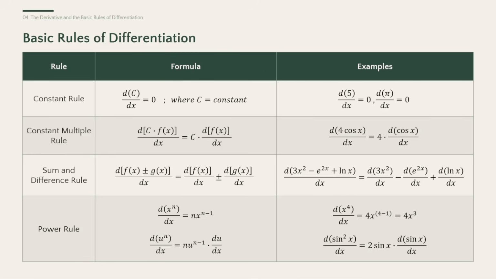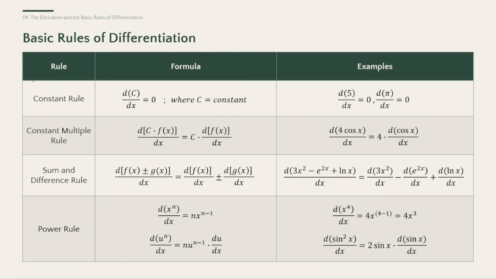And for those basic rules, I included here the first 4, but later on we have the product rule, chain rule, and quotient rule. Those are also included in the basic rules of differentiation. But for now, let's focus on the first 4.